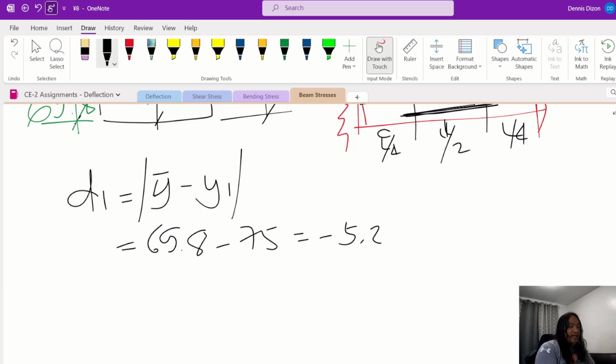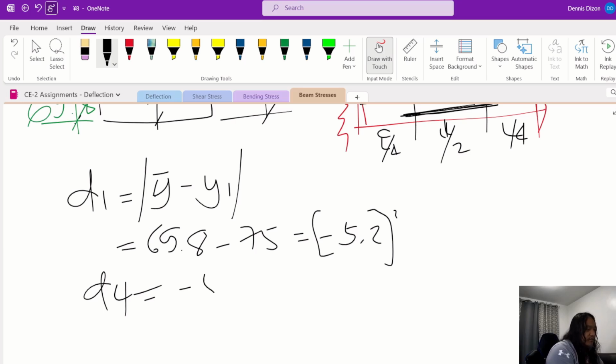Regardless of this, when you do the transfer moment of inertia, D will be squared anyway. So even if it's negative, that would still be positive. So we'll just leave it like that. And then this is equal also to D4. D4 is also minus 5.2. So don't be confused with the negative sign. It only indicates that the center of the segment is above the neutral axis.